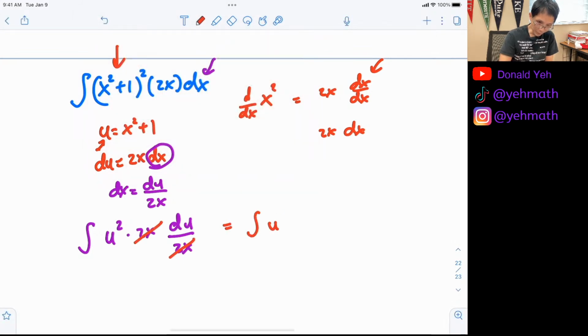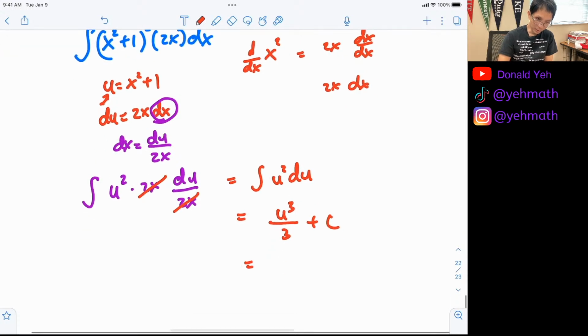It will be the integration of u squared du. Am I going too fast? And it'll be u cubed over 3 plus c. And that's equal to (x squared plus 1) cubed over 3 plus c. And that's my final answer.